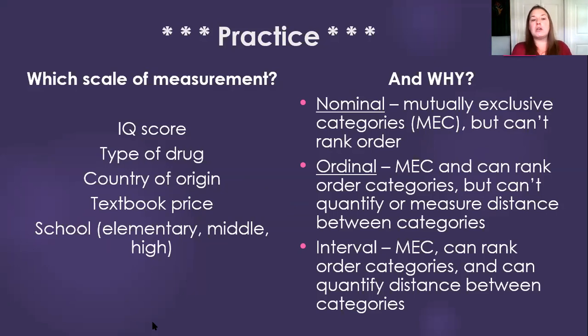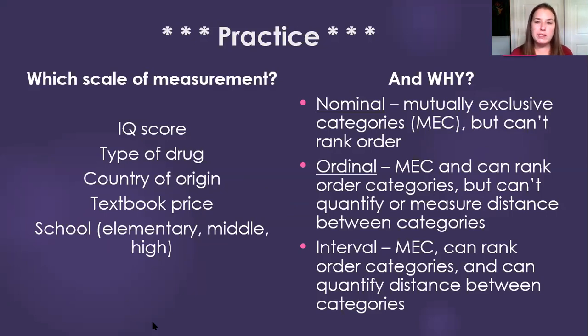Always, you'll see on the classwork too that this is how it's set up: I'll give you a certain variable, and I will say, what is the scale of measurement and why? Here is an opportunity for you to always use the same exact words for the why over and over again.